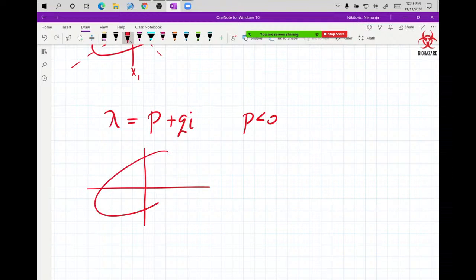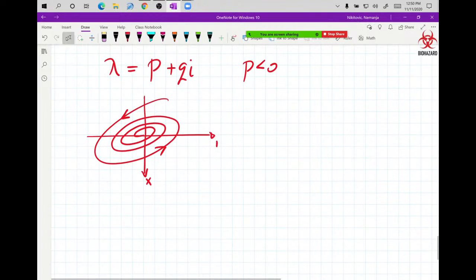So it's spiraling in, because the negative p is killing the energy, so everything collapses in the middle and then it stops. This is literally what's happening with your pendulum, because it loses energy, hits the center, and it's dead.